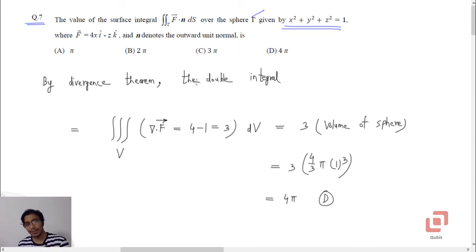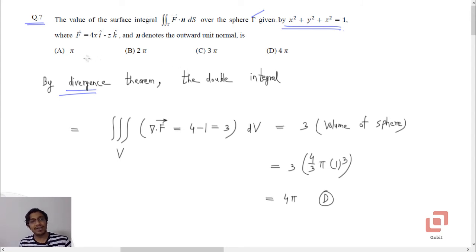Okay, now this is a standard problem on the divergence theorem. Because the surface integral is asked, we'll try to find it with the help of the divergence theorem. That is, we will evaluate the triple integral of divergence of f bar taken throughout the interior of the sphere gamma.